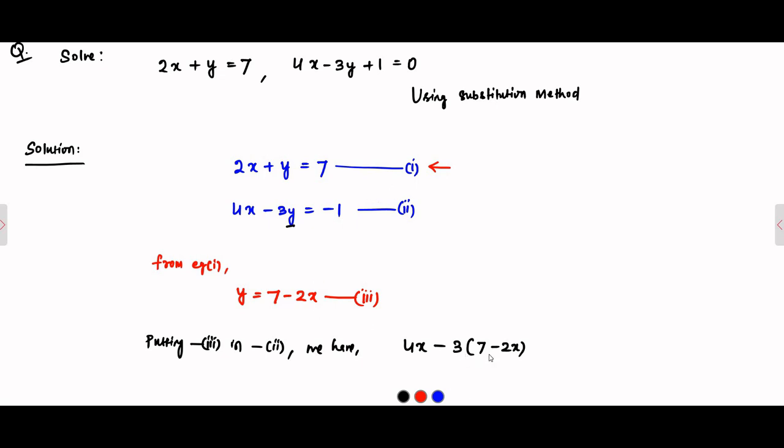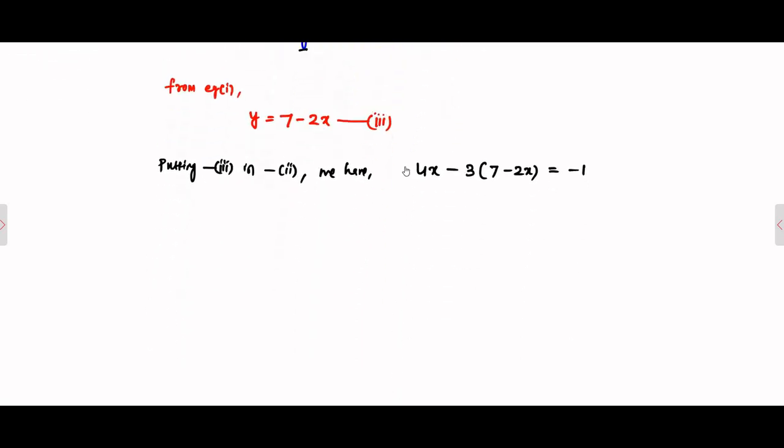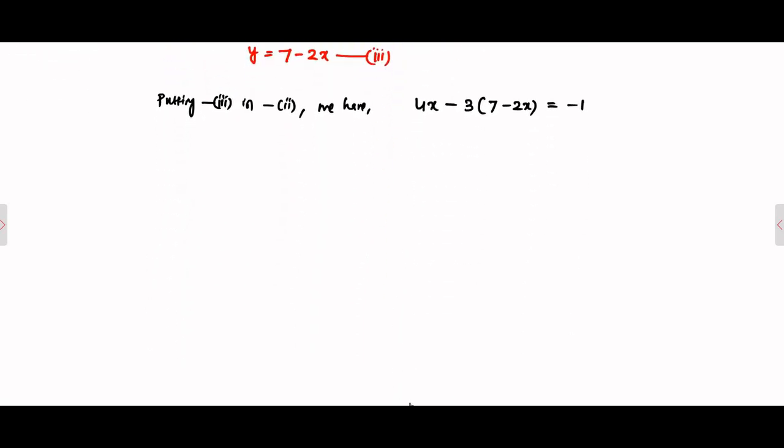So that implies 4x minus 3 into 7 is 21, 3 into minus 2x is minus 6x, is equal to minus 1.